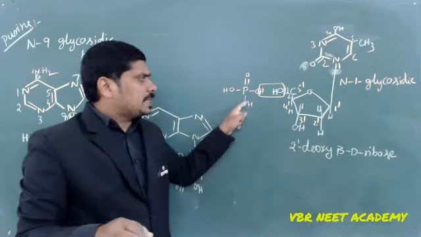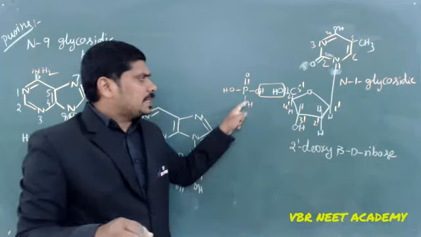Now when we take two nucleotides, what is going to happen here? The nucleotides have phosphoric acid at the 5' position and an alcohol at the 3' position. Now you can give the numbering here 1', 2', 3', 4', 5'.